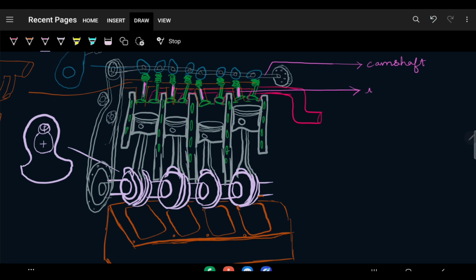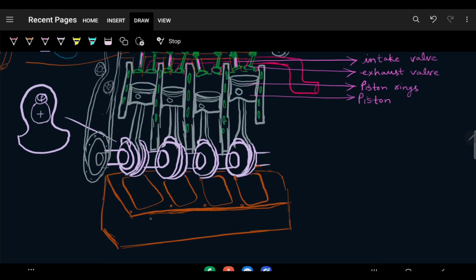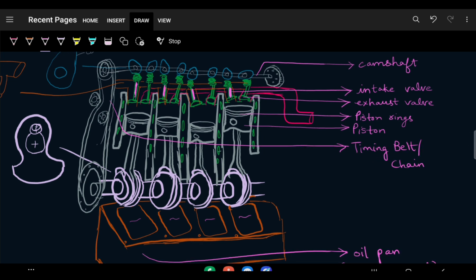Now let's start naming the parts one by one. We have the camshaft, the intake valve, we have the exhaust valve, and then the piston rings and piston. Towards the bottom, we have the oil pan, which stores the engine oil. And after that, we have the timing belt, or we can also call it the timing chain.